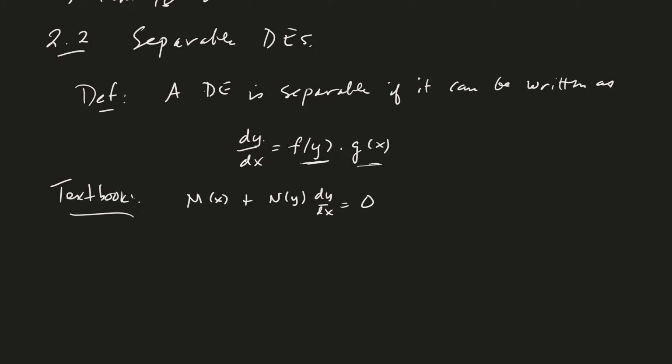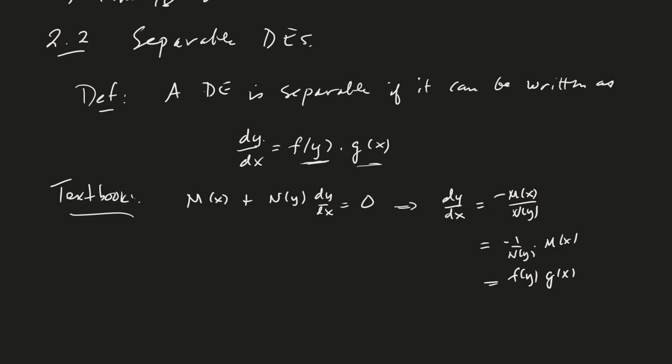I don't think that's as useful, but you can see that dy over dx can immediately be expressed as minus M of x divided by N of y, or you could write it as minus 1 over N of y times M of x, which is your f of y times your g of x. So the two definitions are equivalent.